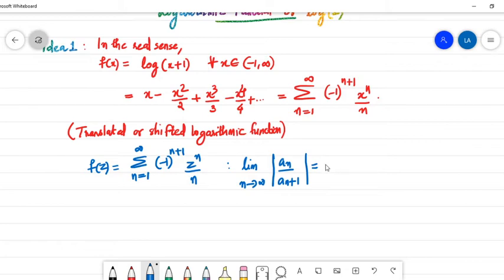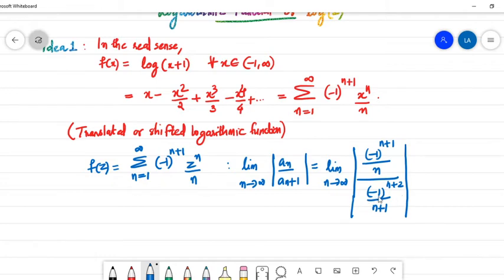So this is equal to limit n tends to infinity, modulus of a_n, which is minus 1 the whole raised to n plus 1 divided by n, divided by minus 1 the whole raised to n plus 2 divided by n plus 1, right?